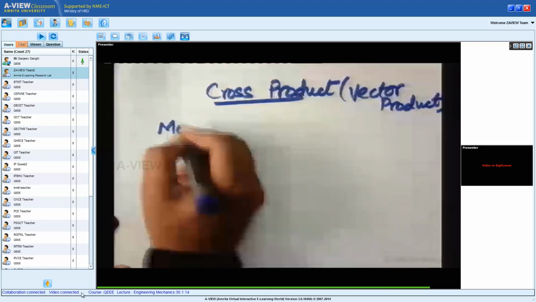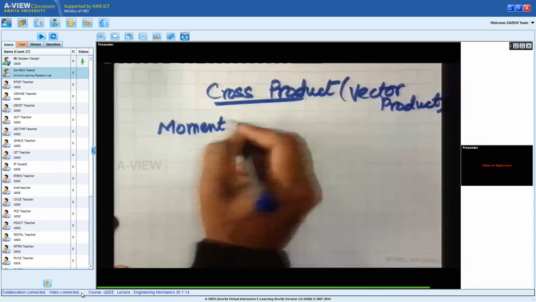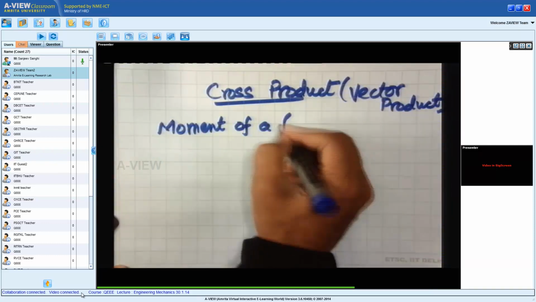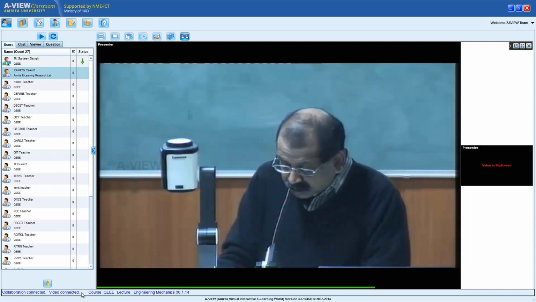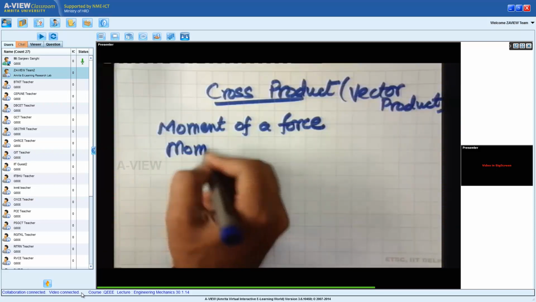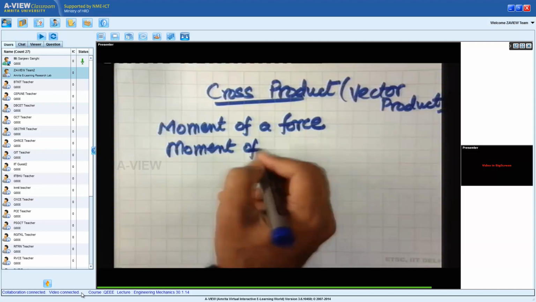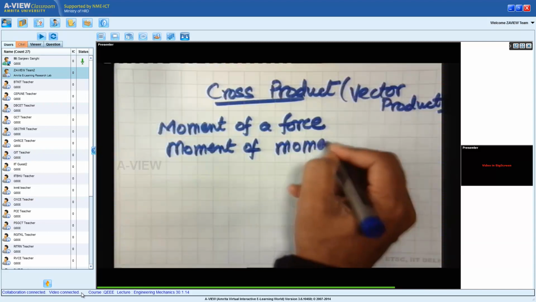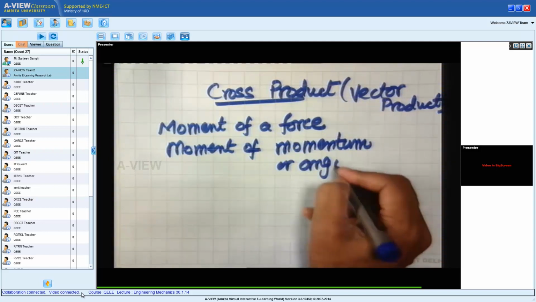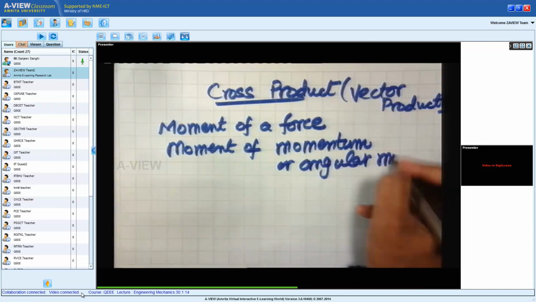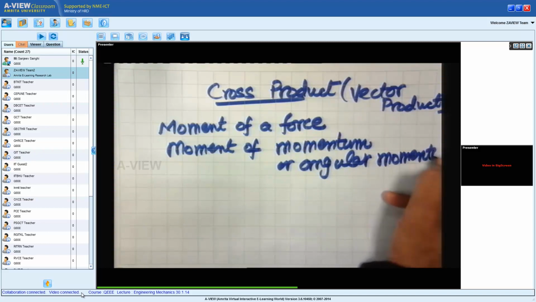It comes into picture when we talk of moment of a force. Moment, in fact, of any quantity is essentially a cross product. Just as we have moment of a force, there is also moment of momentum, which is also called angular momentum. And this quantity is also a cross product.